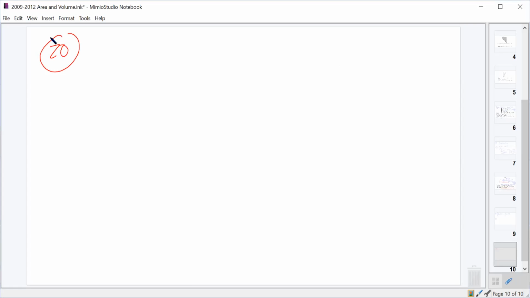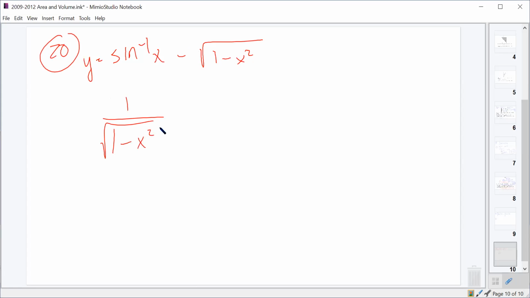I believe 20 was just asking you to find the derivative. They're giving you the function inverse sine of x minus root 1 minus x squared. First off, derivative of inverse sine of x is 1 over root 1 minus x squared.